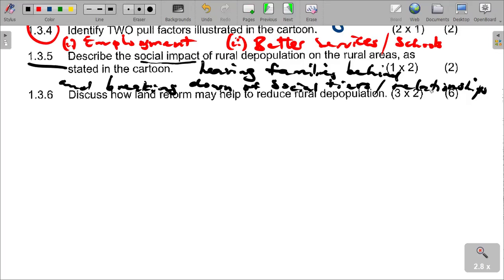Discuss how land reform may help to reduce rural depopulation. This question is also referred to on the channel. The question about land reform, it is also answered and well discussed on the channel as a subject or as a topic.